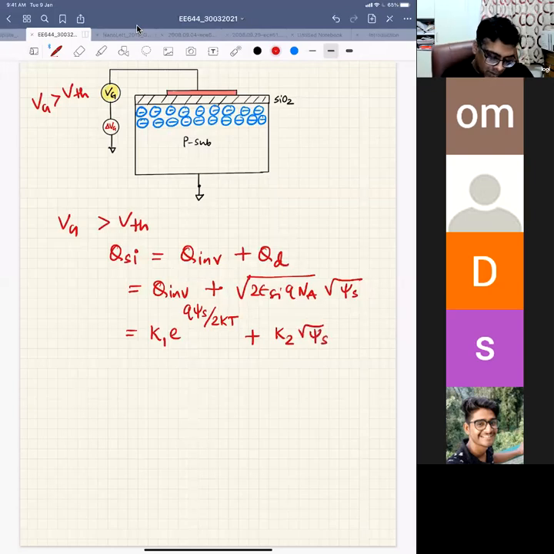Okay. So your Q silicon in this case has two components. One is inversion charge, the other one is depletion charge, right? If I give a perturbation now, your psi s is changing, right?